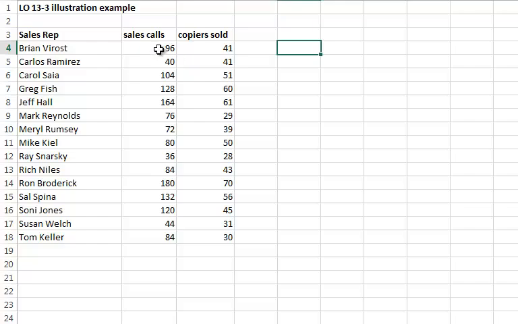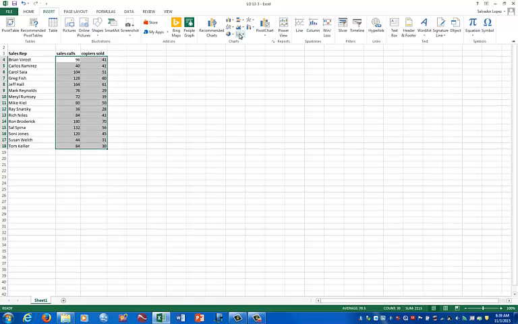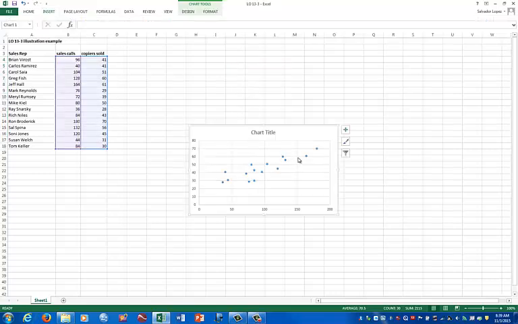We saw in the first section that if we insert a scatter graph, we get that relationship. As you notice, as the sales calls increase, copiers sold increase, indicating that there might be a positive linear relationship between the two variables.